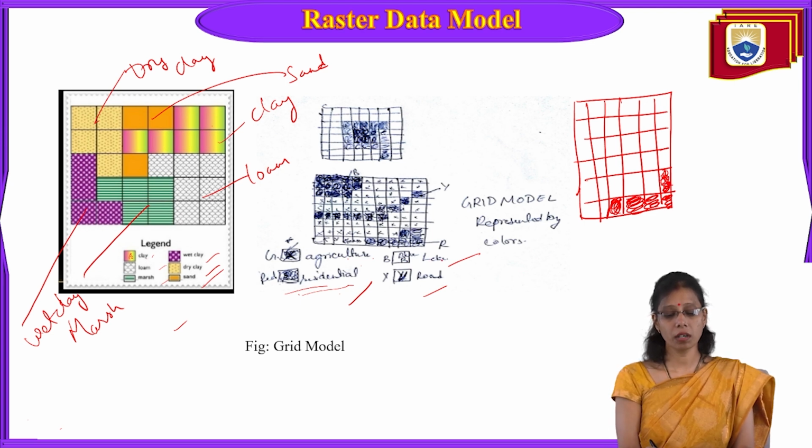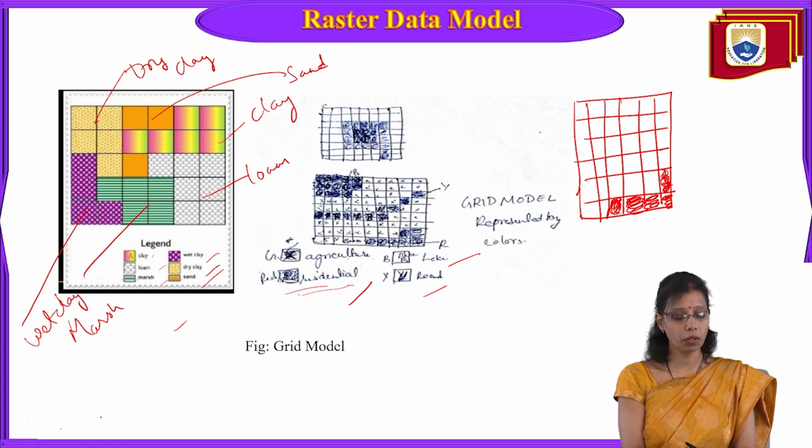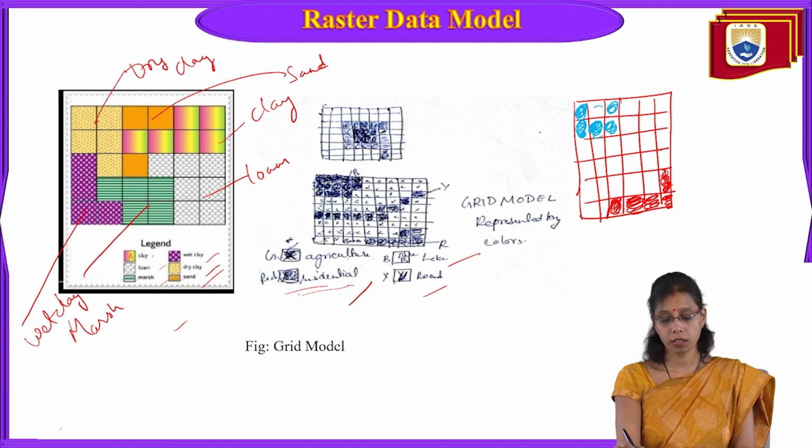Now B here, let us say blue. So blue color here, I will cover this all, and totally the grids are covered, and this blue is lake, right?